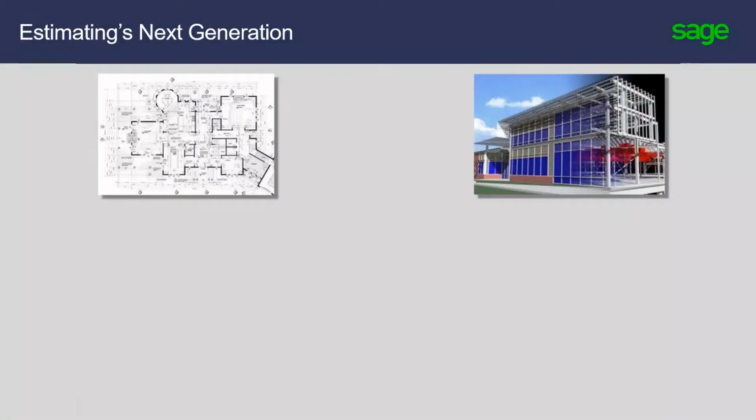So with that, we have a process here at Sage that when you're going to do takeoff, we have called this in the past Estimating's next generation estimating solution. And so when you get your information, you're going to get it either from a drawing or a model.